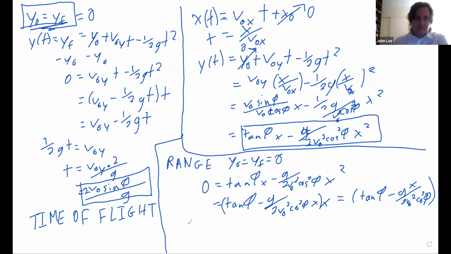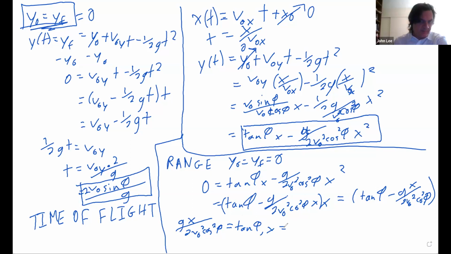So g x over 2 v naught squared cosine squared phi equals tangent of phi.